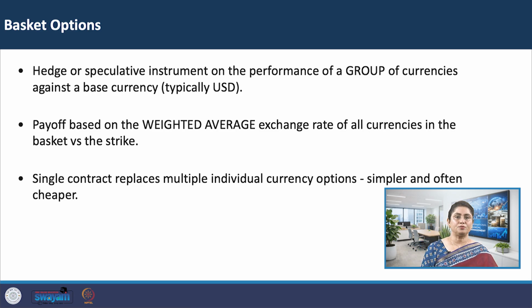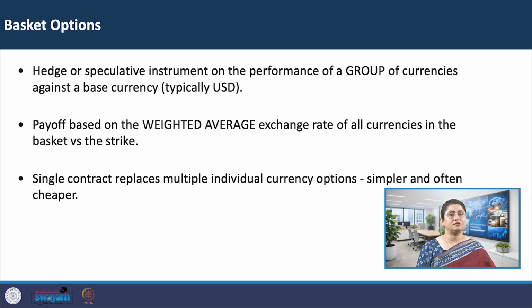A basket option provides a hedge or speculative opportunity on the performance of a group of currencies rather than a single currency pair. This is very practical for multinational firms that have exposure to multiple currencies simultaneously. Instead of buying separate options for each currency, the firm may buy one basket option.